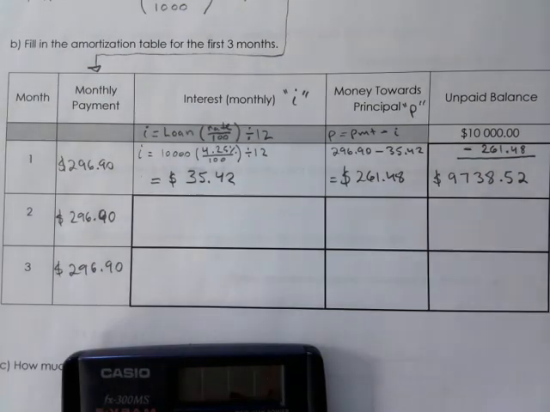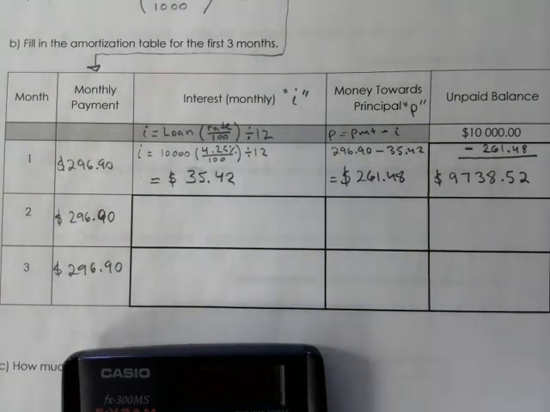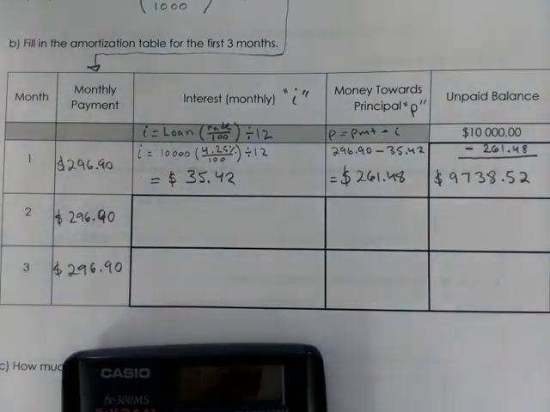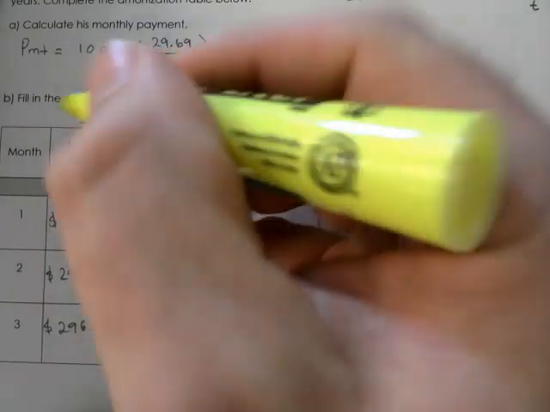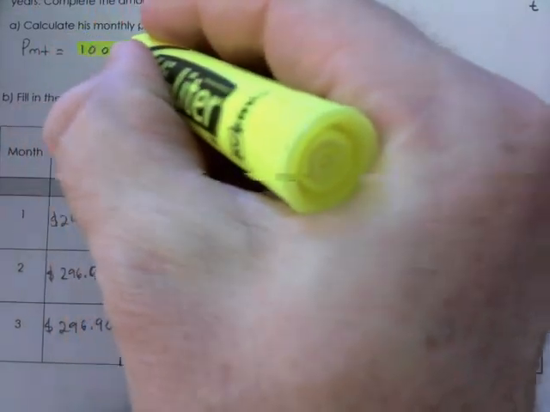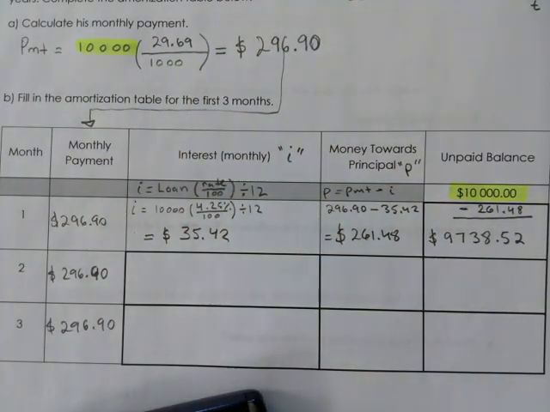If you have highlighters, if that's your thing, I have a couple of colors here. The first one is the first color. I'm just going to tell you that this loan is what we start off with. That's our unpaid balance.